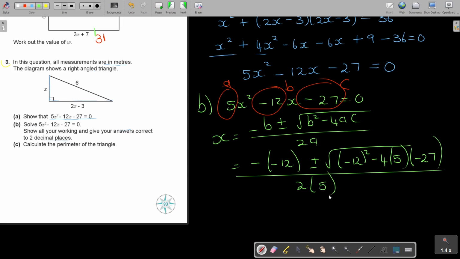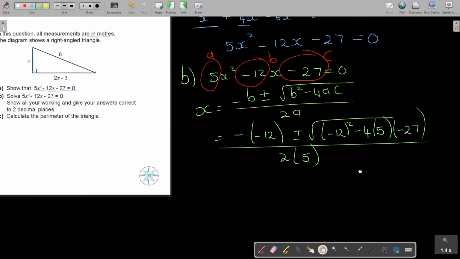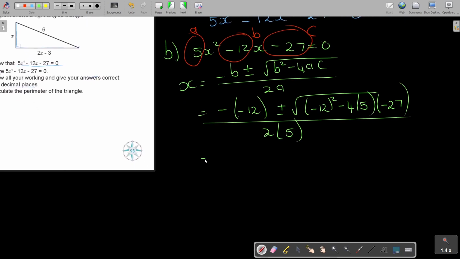Okay, and now I'm just going to work it out quickly. This is going to be equal to 12 plus minus the square root of, this is 144 plus, and a negative times a negative is positive, so 4 times 5 times 27 is 540, over 10.